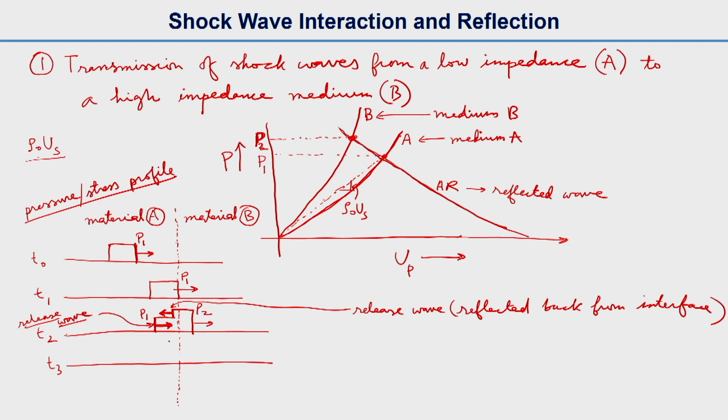Now these two waves will interact, the release wave from the primary wave and the release wave reflected from the back surface, they will interfere, and this will now look like this with a pressure P2.